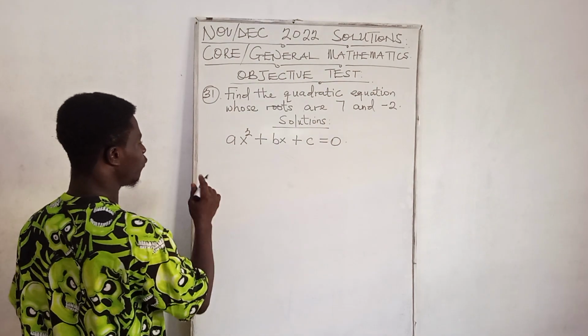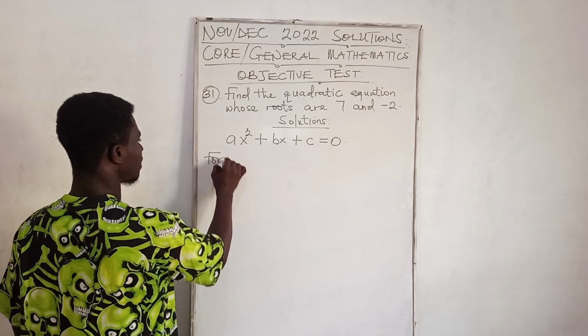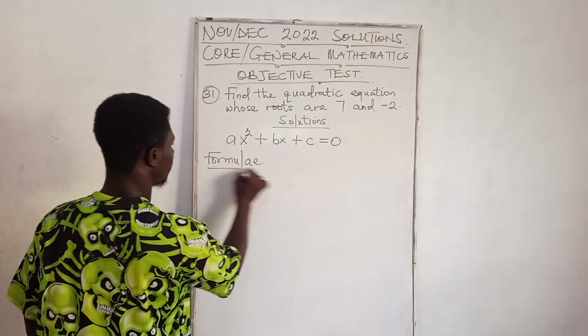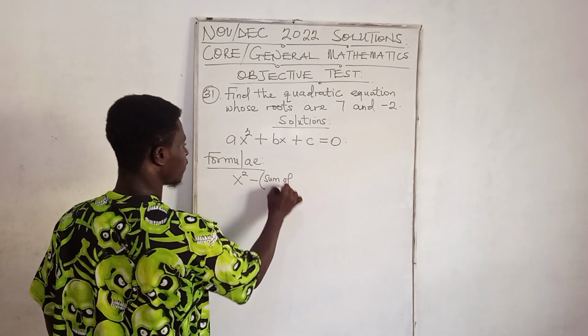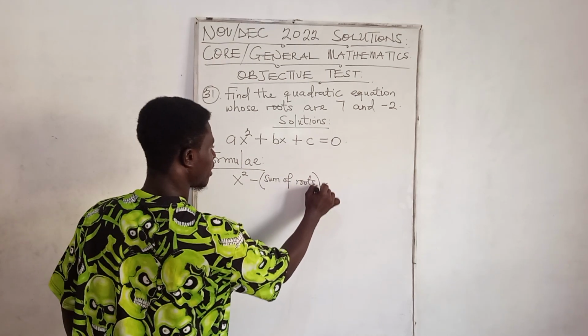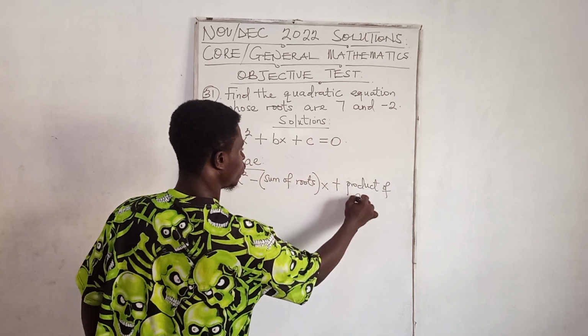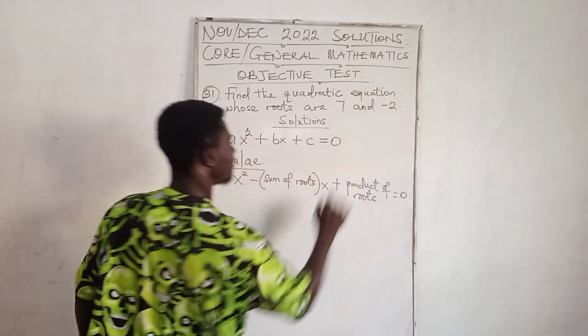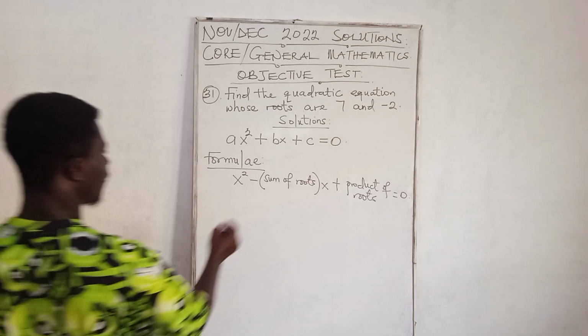If you want to find the quadratic equation when the roots are given, this is the formula you have to use: x squared minus sum of roots x plus product of roots, which must be equated to 0. x squared minus sum of roots x plus product of roots, equated to what? 0.